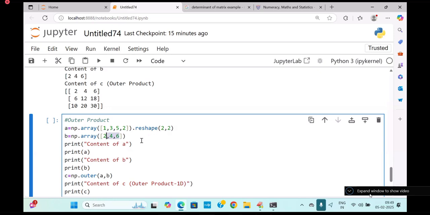Here I am going to take 4 comma 2 comma 5 comma 6, dot reshape of 2 comma 2.